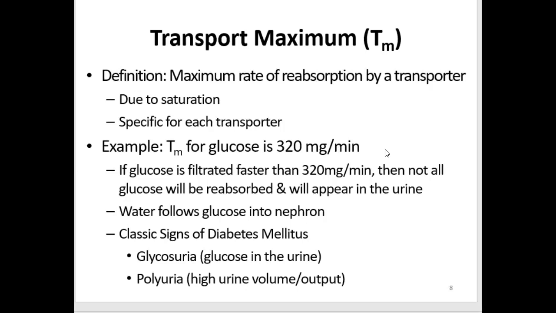And when water follows glucose into the nephron, you'll have more urine volume. So this is a classic sign of diabetes. You'll have glucose in the urine because the transporters can't reabsorb it quickly enough. And you'll have polyuria because water has followed the glucose into the urine. Polyuria means a high urine output.